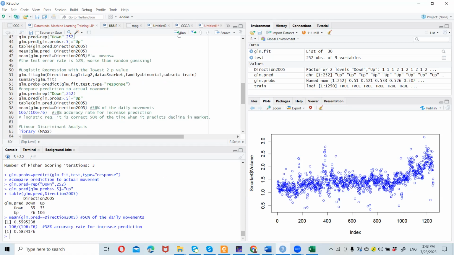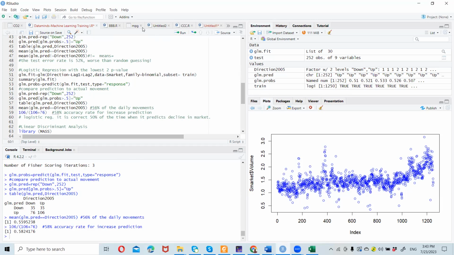Now we want to assess this based on discriminant analysis. Like I said earlier, discriminant analysis is more stable than logistic regression.